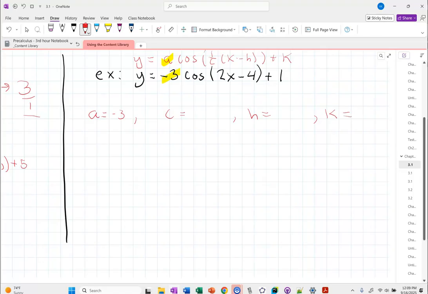Let's jump to the K next. That's the next easiest thing to get. Kara, you want to tell us that? 1 is our K. Any confusion there? All right.